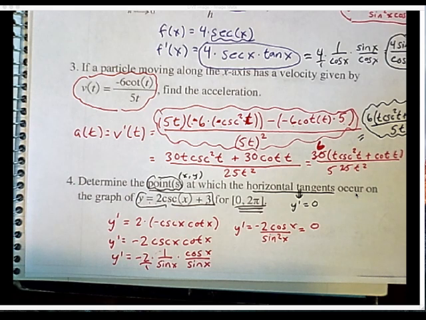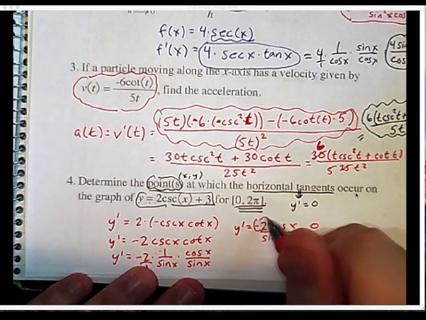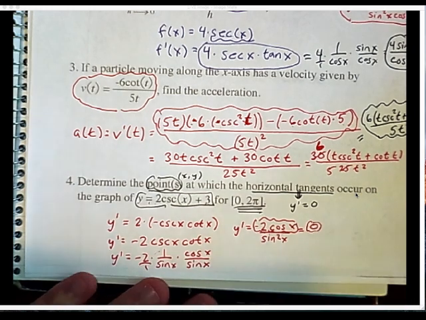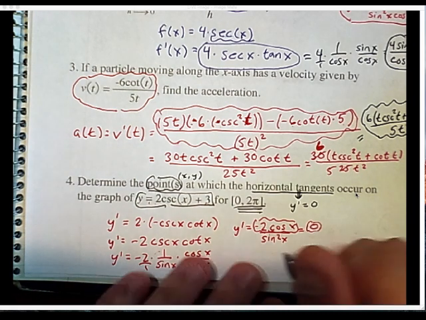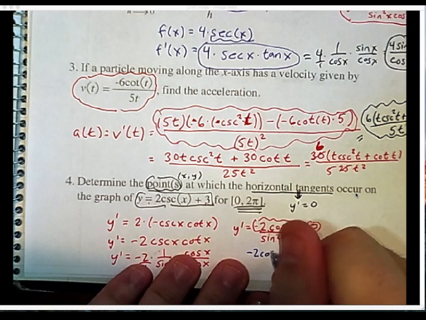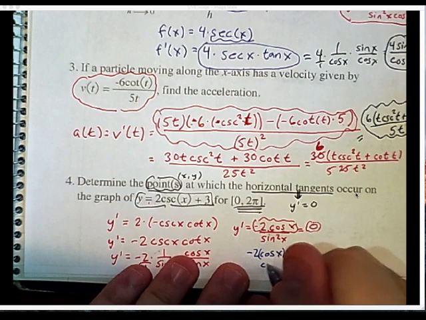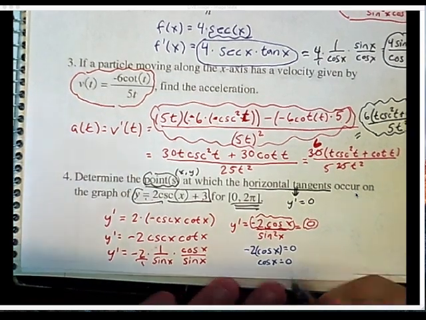Well, if you think about it, the denominator is not allowed to equal 0. Basically, wherever the numerator equals 0, the whole thing will equal 0, right? Because 0 over anything is 0. So we need to figure out where negative 2 cosine of x equals 0. It's going to happen if cosine of x equals 0. Where does cosine of x equal 0?